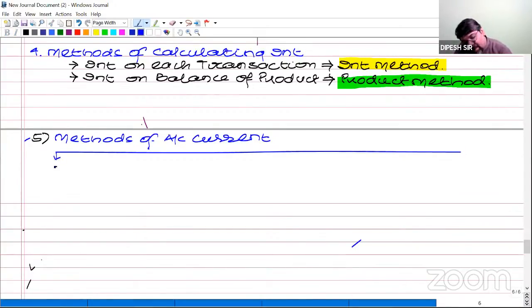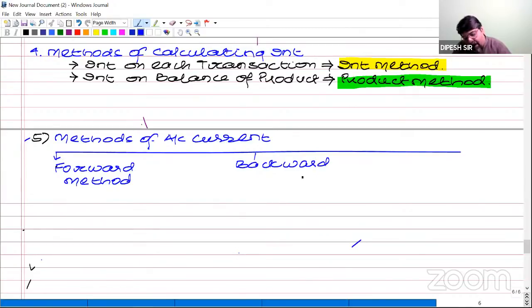One is known as forward method. The other is known as backward method. And the last is known as periodic method.